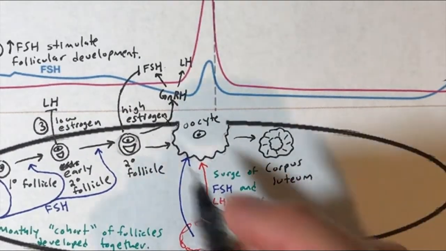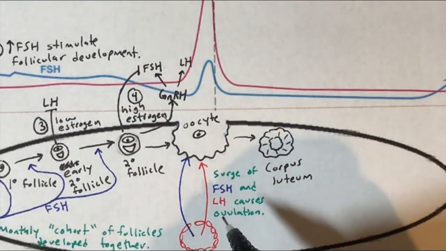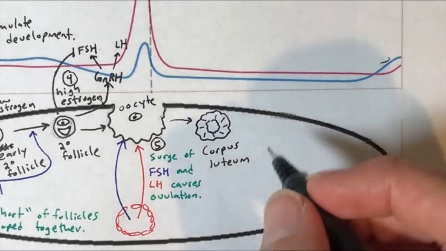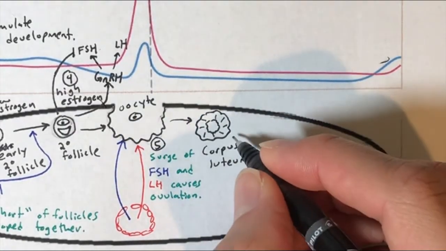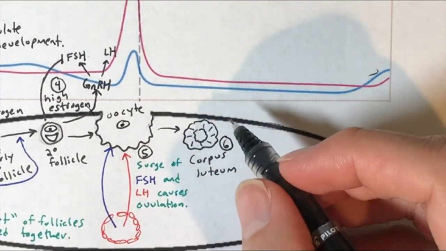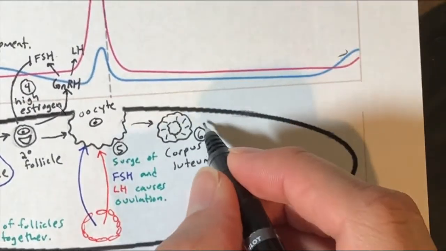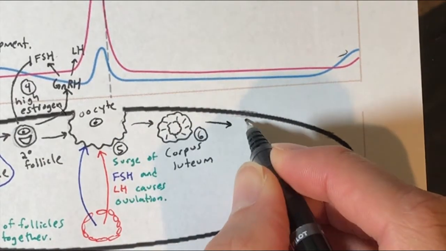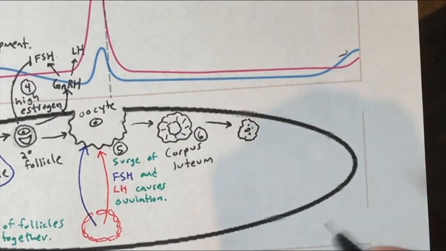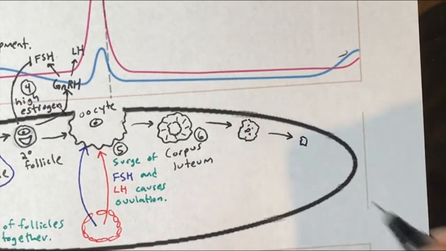Oh, and by the way, I think I forgot to put some steps here. We can say this is step 4. And then step 5 is the ovulation. So this here would be step 6. The corpus luteum eventually degrades, gets a little bit smaller, maybe a little bit wrinklier, and it continues to get smaller.